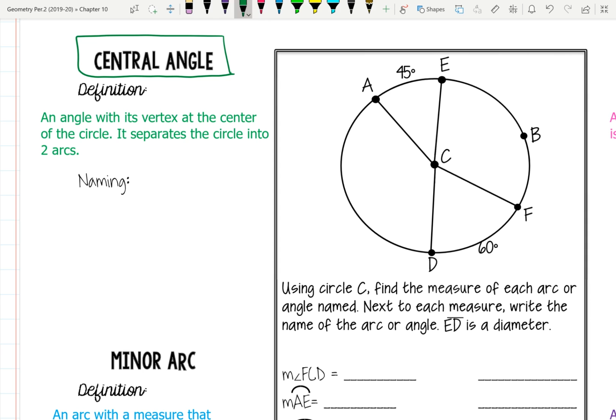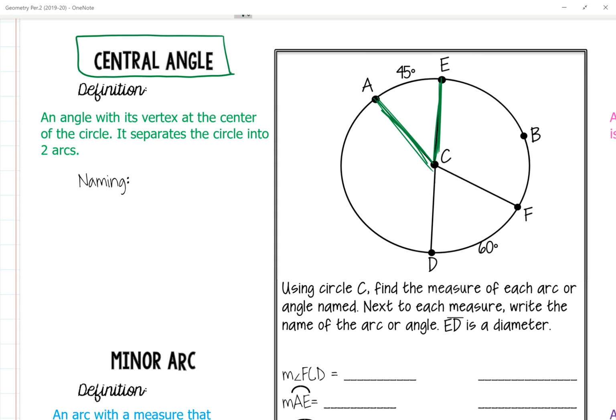There's lots of central angles in this diagram. I'm only going to pick one of them. In this case, I'm going to pick this one here. I'm going to highlight it for you in green using my pen. This is an example of a central angle. Notice how if I take this angle, and if I could take scissors and cut this circle, you're going to see two arcs. The first arc that you're going to notice is this arc here.